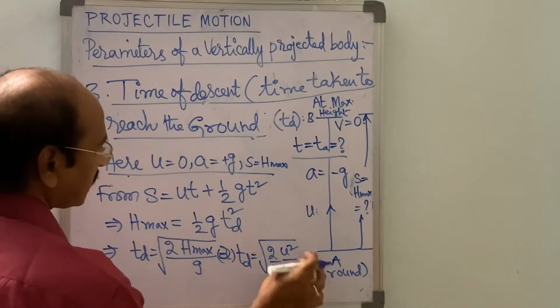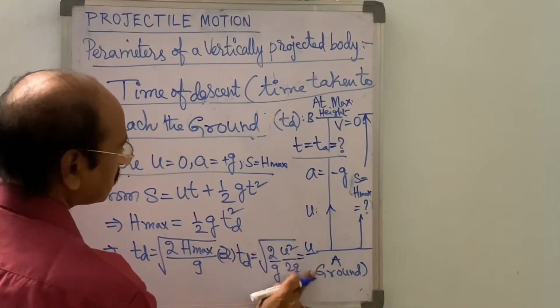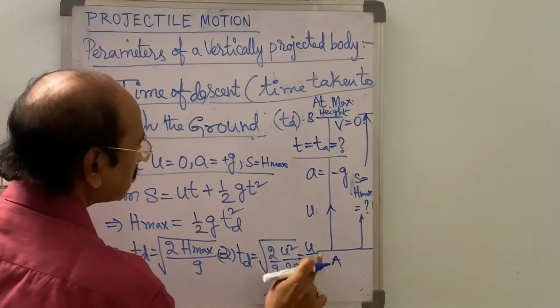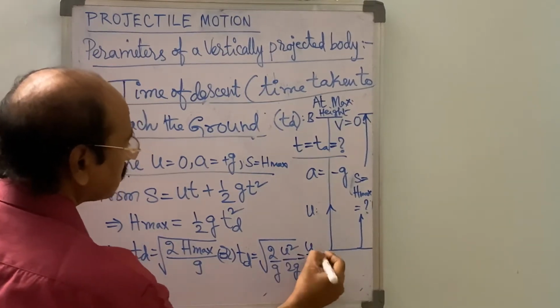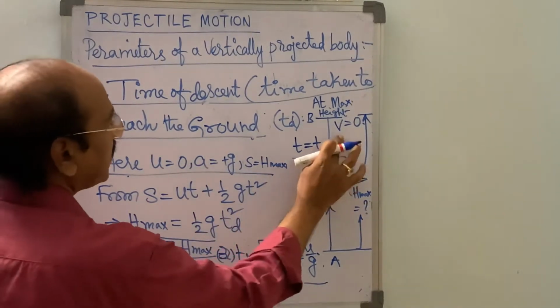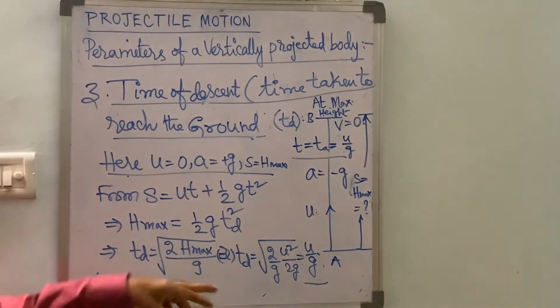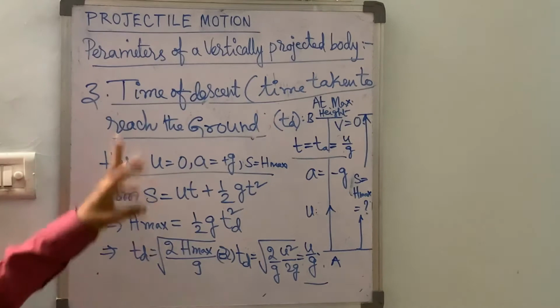Therefore, this is equal to u by g. So, time of ascent is equal to time of descent. So, ta is equal to u by g, td is also equal to u by g. So, therefore, time of ascent is equal to time of descent.